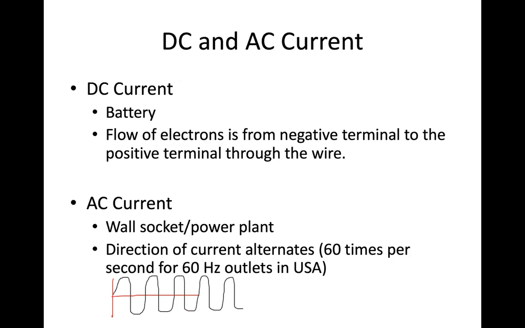And in the United States, it's doing that at 60 hertz, which means it changes direction 60 times per second. So we'll get to that much later in the semester, but let's really focus on our DC current, the equivalent of connecting to a Duracell battery and getting a constant source of current.